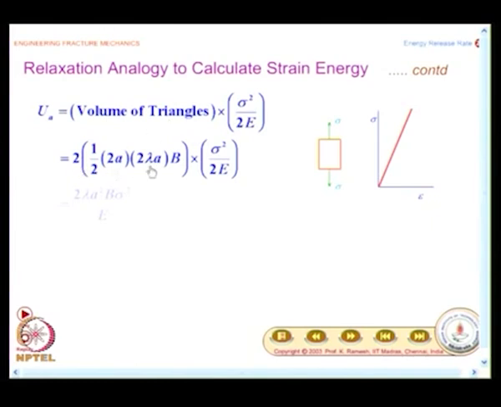So, half B H, where we have assumed the height as lambda times a, and lambda is used just as a proportionality constant here. It does not denote a wavelength, though we are accustomed to seeing lambda as wavelength. When you multiply this, you get the expression 2 lambda a squared B sigma squared divided by E.